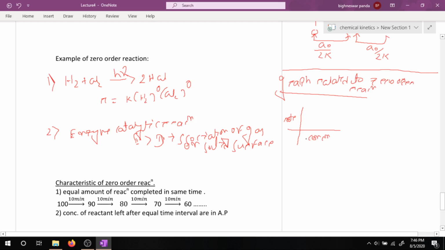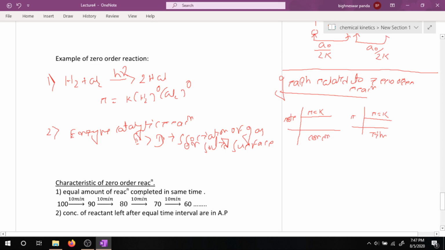Since rate is independent of concentration, I can say that R is equal to K. Similarly, rate versus time is also equal to K. This is zero order reaction. Rate is independent of concentration and independent of time. So R is equal to K. These are the graphs.